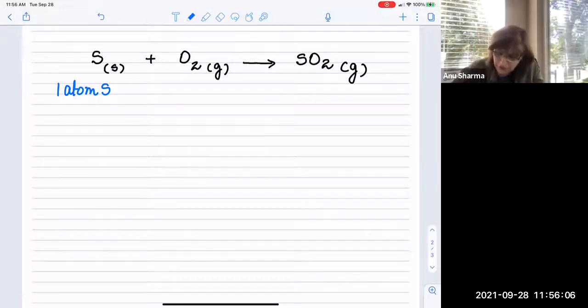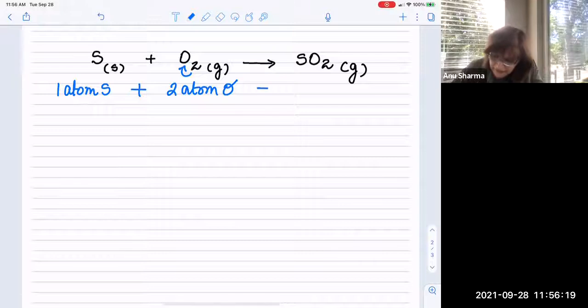So one atom of sulfur, and this 2 applies to oxygen, so 2 atoms of oxygen, combine to give sulfur dioxide, with 1 sulfur and 2 oxygens.